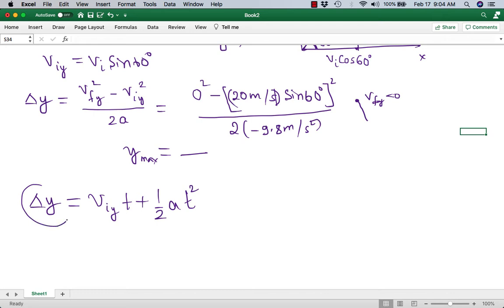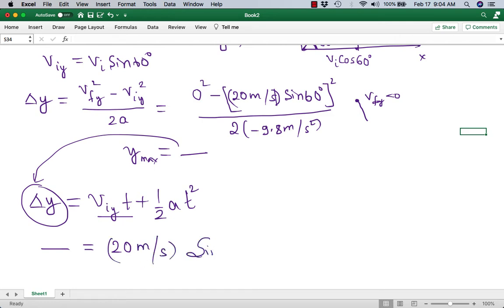Delta y is y max. Whatever you get from here, you plug that in here. Then vi is 20 meters per second sine 60 degrees times t, which is unknown, plus 1/2 a, which is negative 9.8 meters per second squared, and t squared.